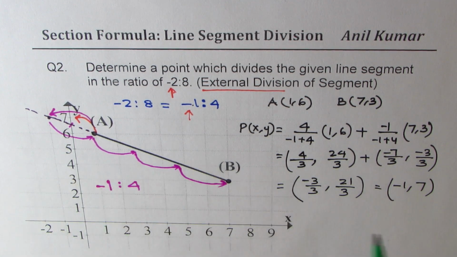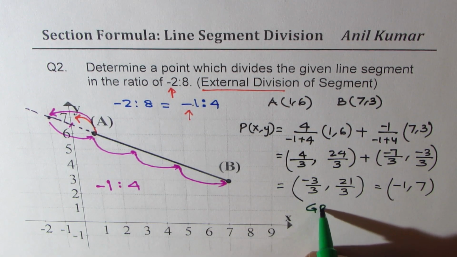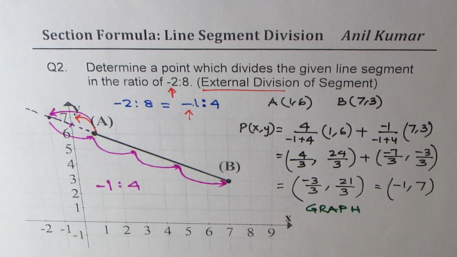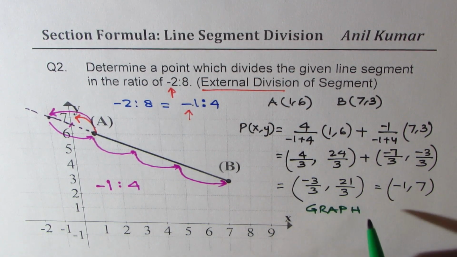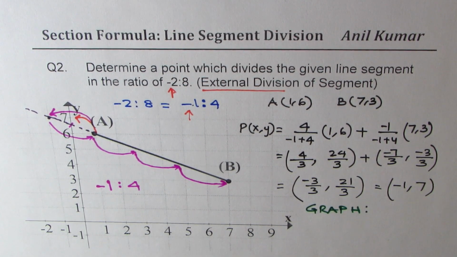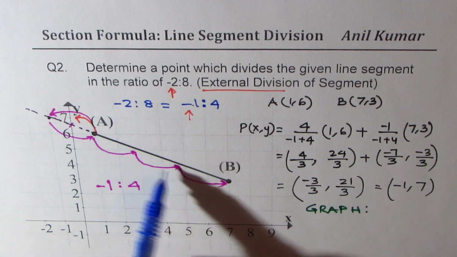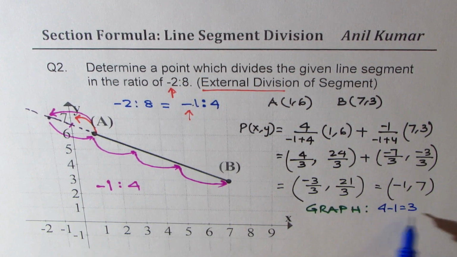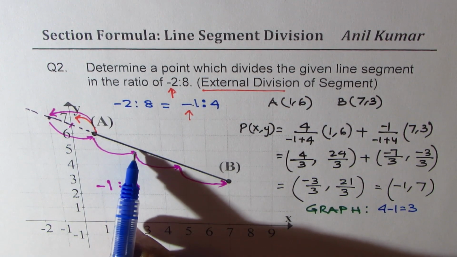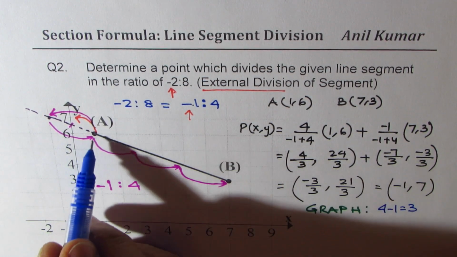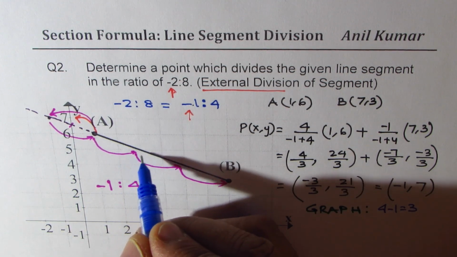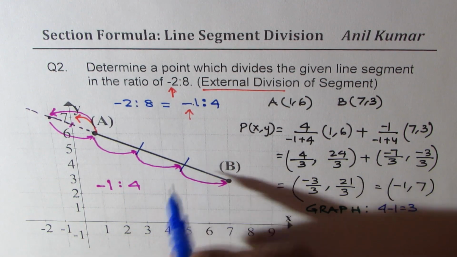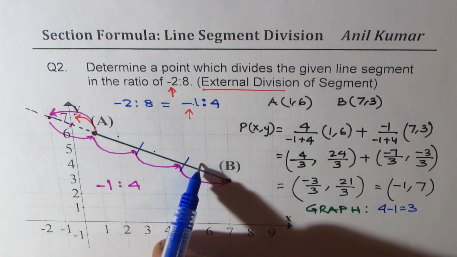Now, how to do the same thing using a graph? We are looking for splitting AB into how many parts? 4 minus 1, which is 3 units, right? So what could be the 3 units? Well, A to B, clearly the 3 units could be these points. So we got 1, 2, and 3 units.